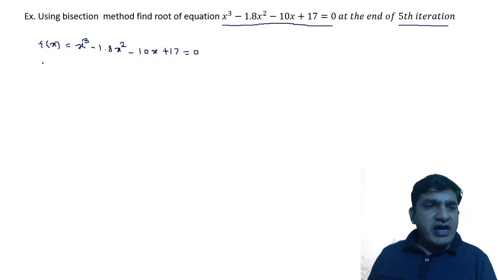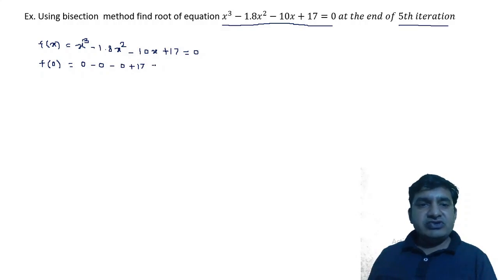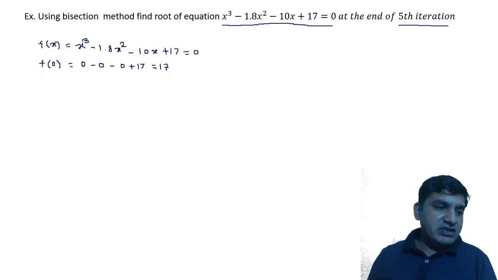Now we find the value of f of 0, or we can say f of x0. The value of x is considered as 0, so the first term becomes 0, this term also becomes 0, and the third term also becomes 0, plus 17. So we get it equal to 17.